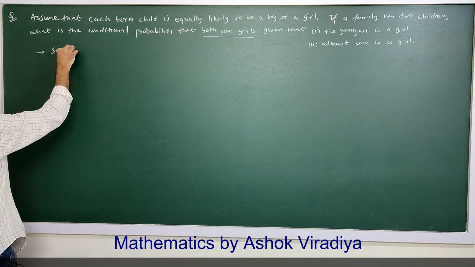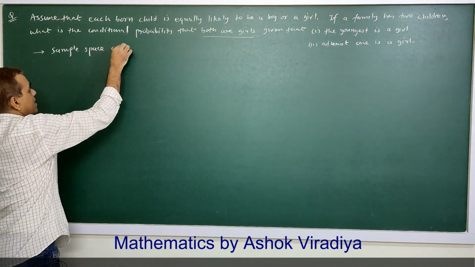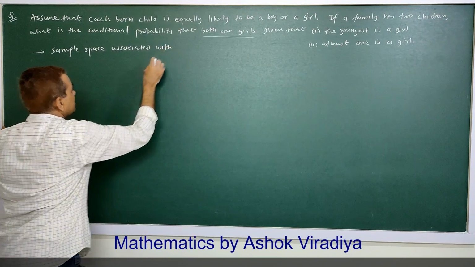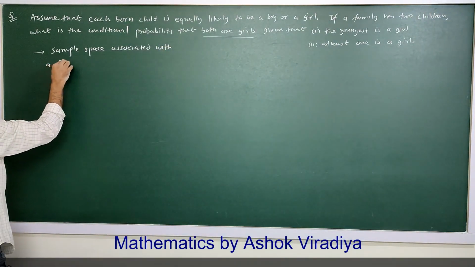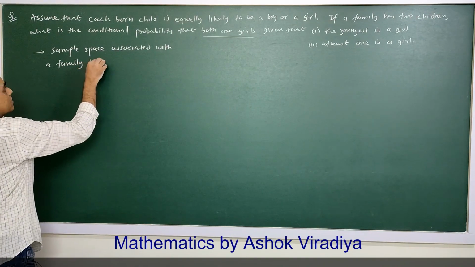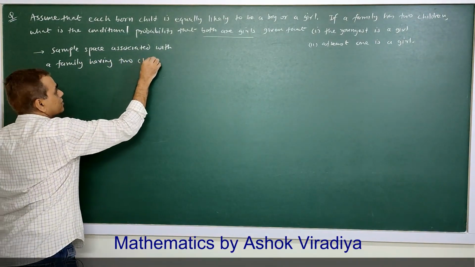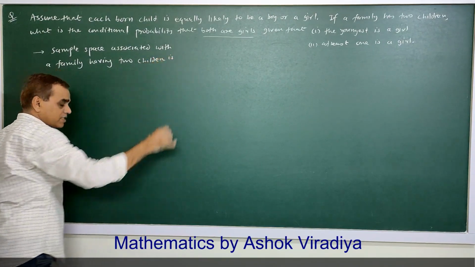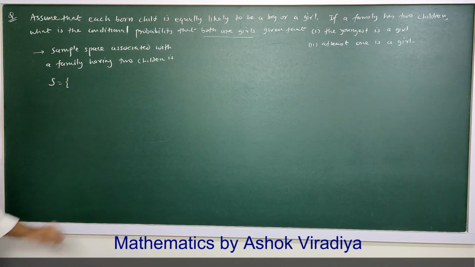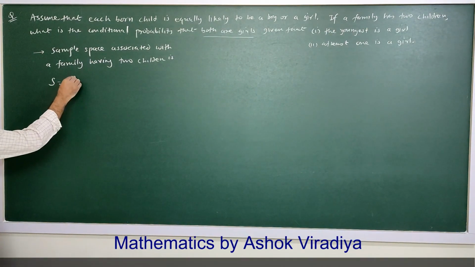Sample space associated with a family having 2 children is: sample space S is equal to, see, 2 children, so these are the possibilities.